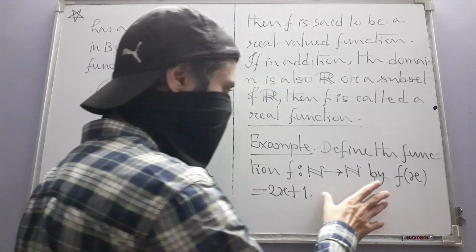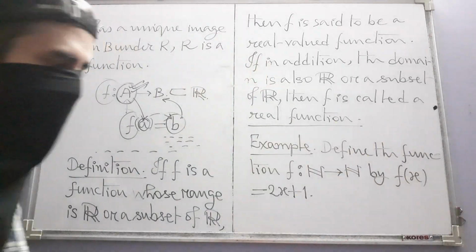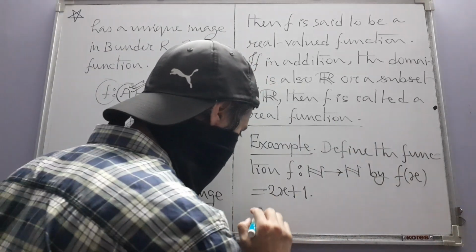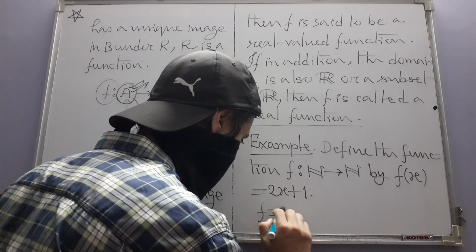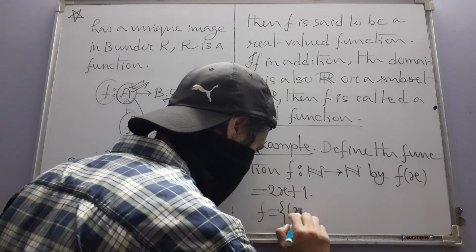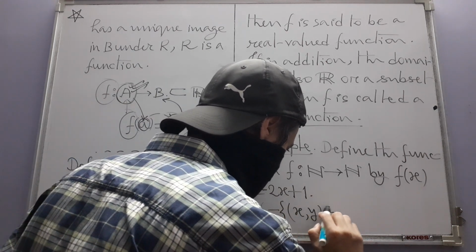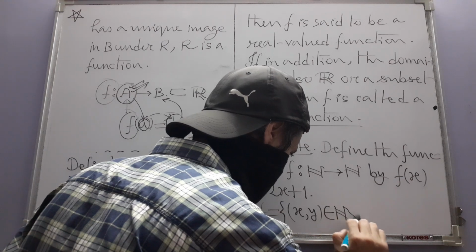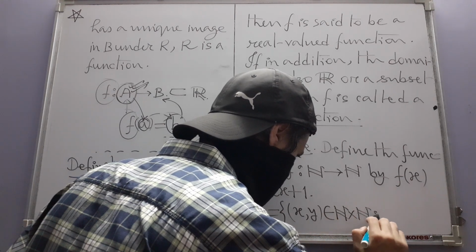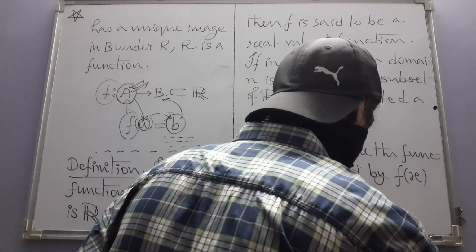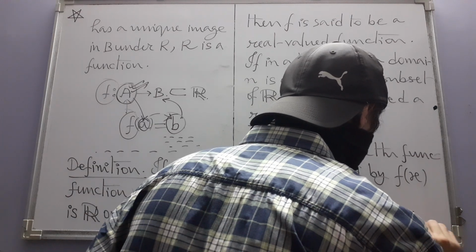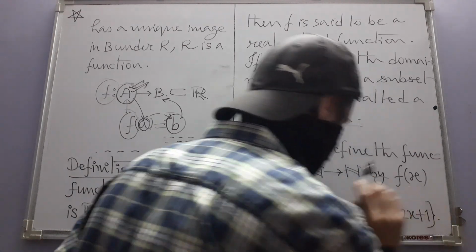Actually, there is no need to write the set every time. The set in this case will be this, the set of ordered pairs x comma y such that y is equal to 2x plus 1.